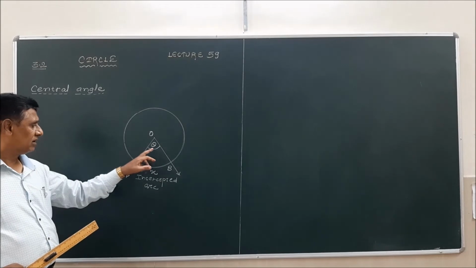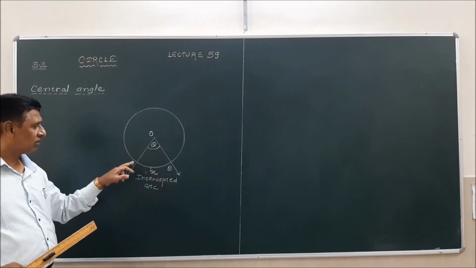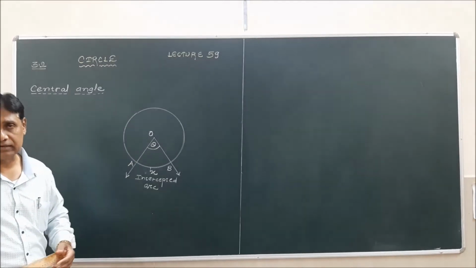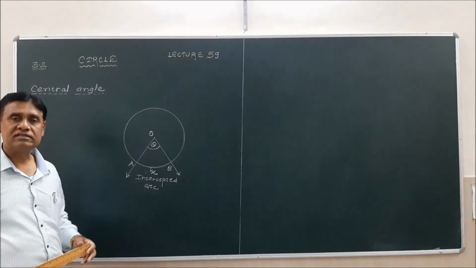The reason is very simple, because the vertex of the angle is at the center. Therefore, this is called the central angle.